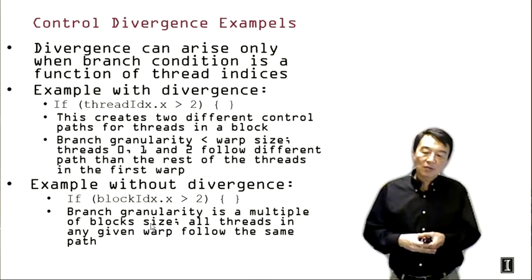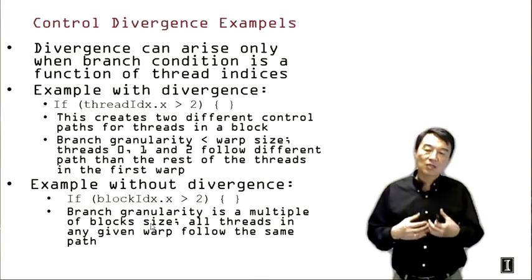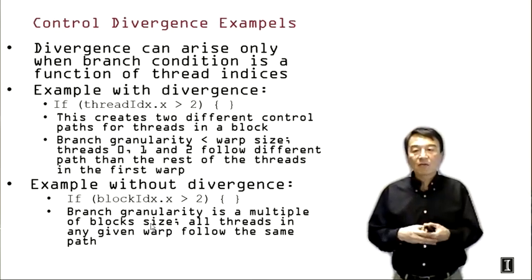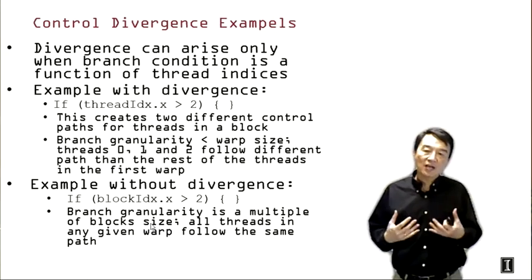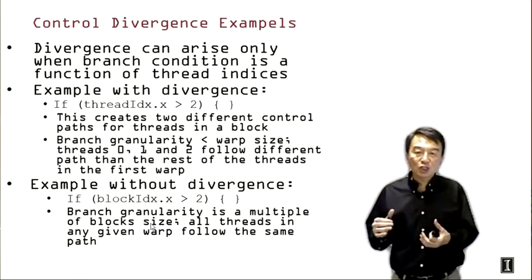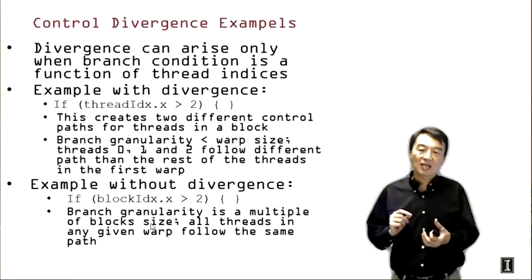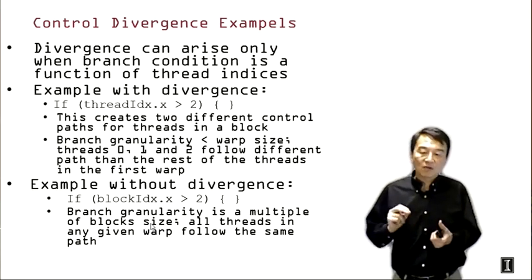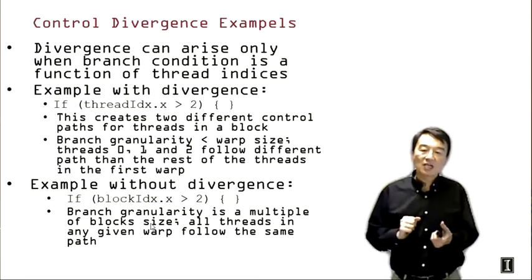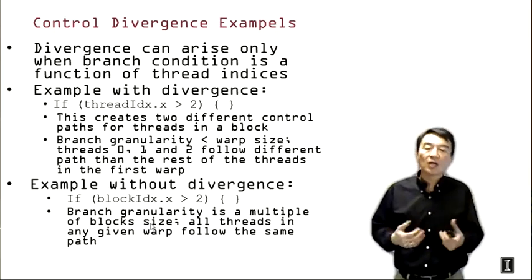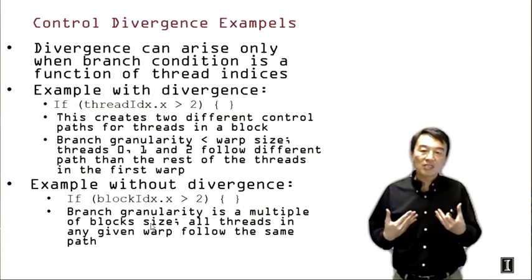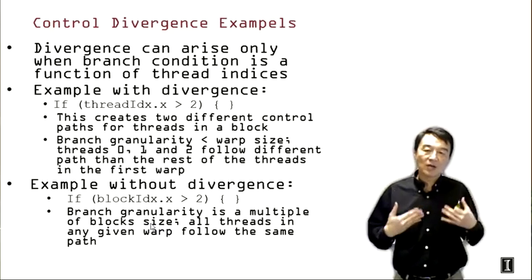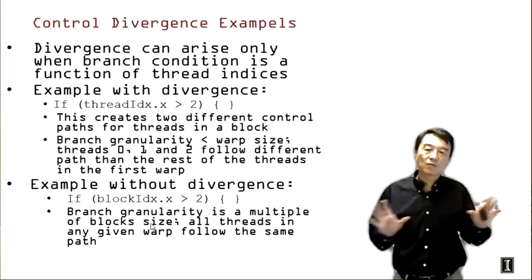So if we go back into some real examples, if we see an if-then-else statement where the condition depends on thread index, then there is a chance that we may have a control divergence. For example, if we have a test saying that threadIdx.x is greater than 2, and this condition separates out the threads in a thread block into two groups.